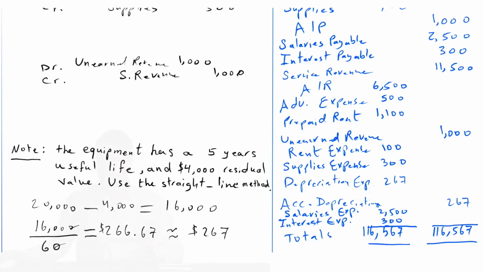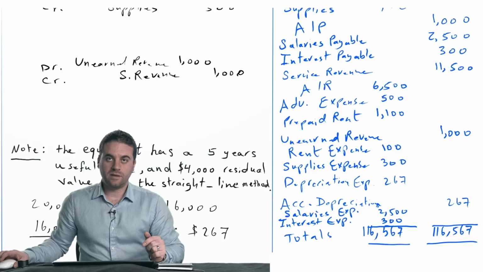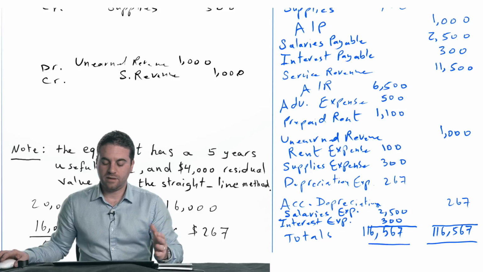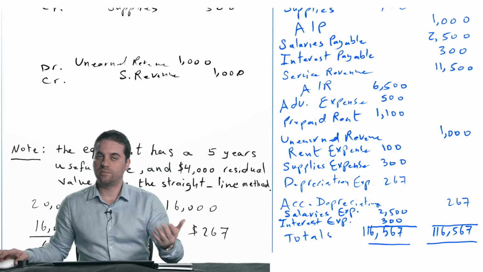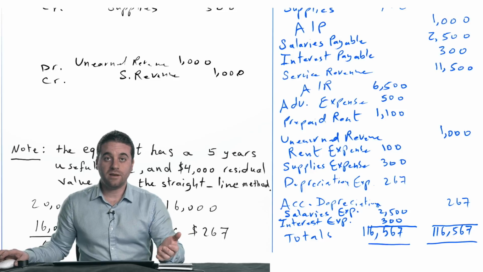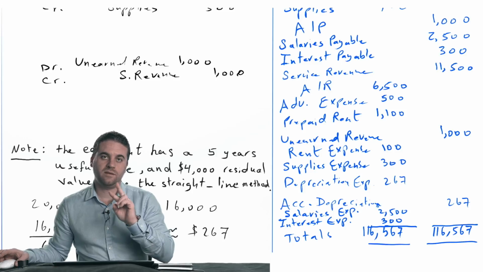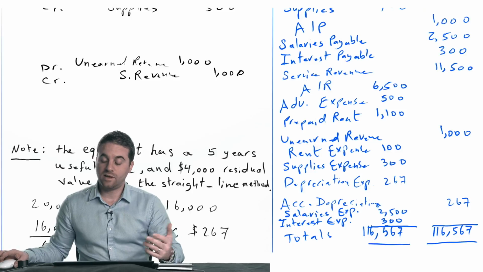If you got them equal, most probably you did not do anything wrong, but it doesn't mean that 100% you didn't do anything wrong. So if you're still not sure that there was no mistake, go back and check that you transferred the numbers correctly, you did your math correctly, you did not forget anything, and you put the debit under the debit and the credit under credit, not flipped. That's how you check.